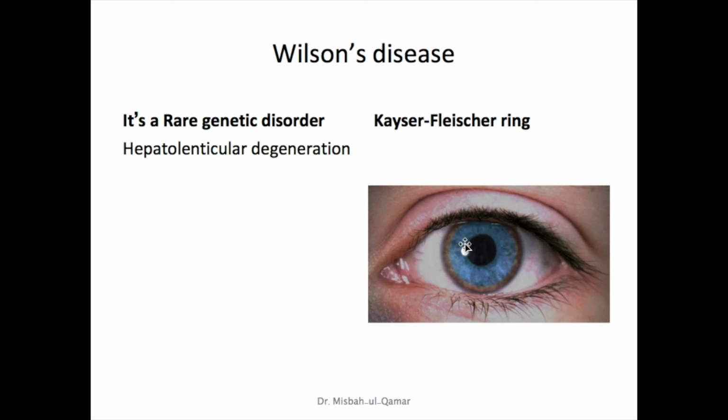Here you can see this Kayser-Fleischer ring. Now, in Wilson's disease, the symptoms do not appear until the copper buildup is in heavy amount, and the symptoms are jaundice, the personality changes like anxiety, psychosis, and also speech and coordination problems.